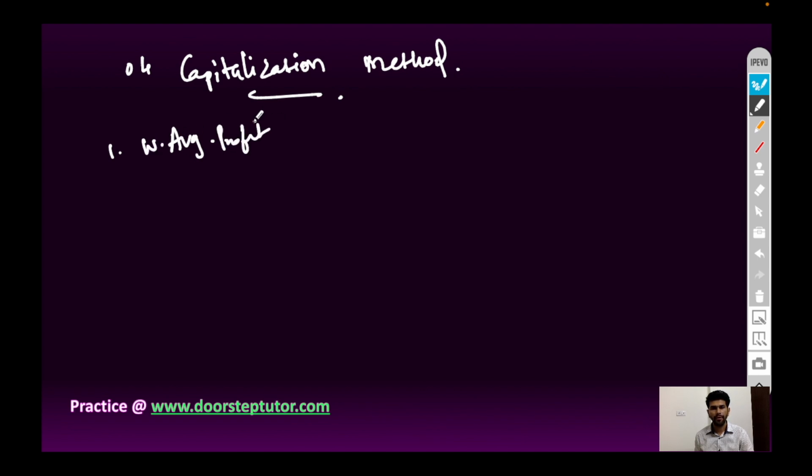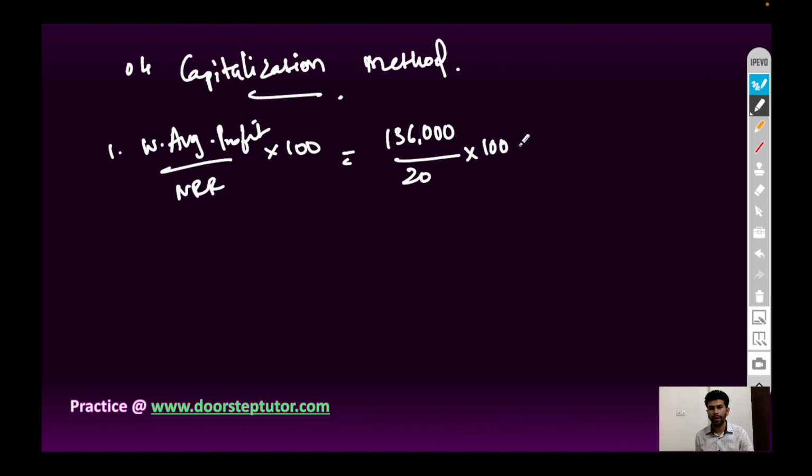Capitalization method. So first step is average profit, or rather we say weighted average profit, divided by normal rate of return. Average profit is 1,36,000 divided by 20 into 100.